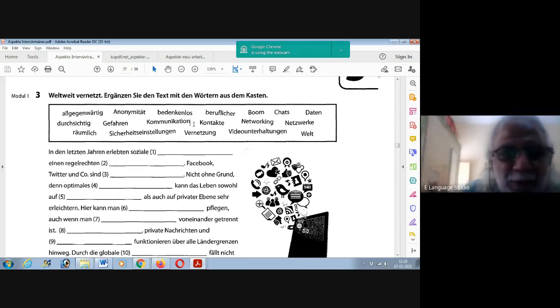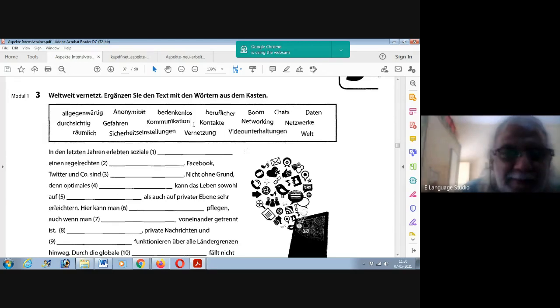So bedenkloses Verhalten. Carefree attitude. Maske, das trage ich nicht. Sozialer Abstand, glaube daran nicht. I don't believe in it. So that is adjectival use. Dann haben wir beruflicher, Boom, Chats, Daten, durchsichtig.